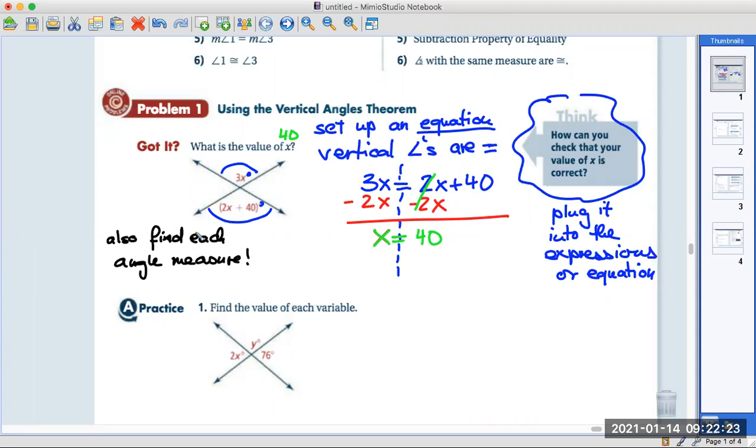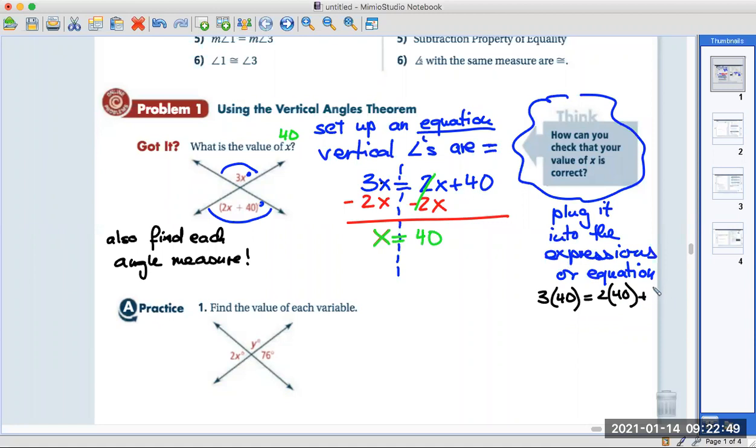Okay, so if you need to find the angle measure, you're going to plug in 40 for x, because x is 40. By the way, to check if it's right, we can use our equation. I'm going to do that down here. 3 times 40, because x is 40, has to equal 2 times 40 plus 40.